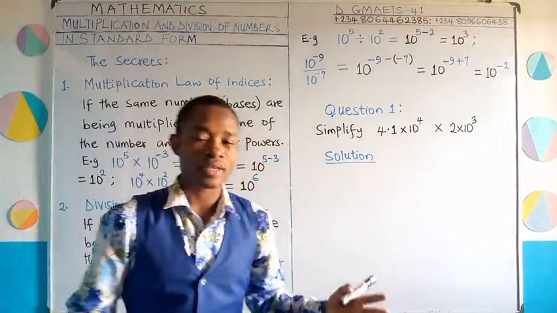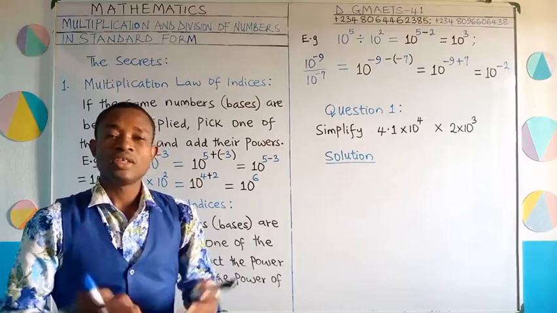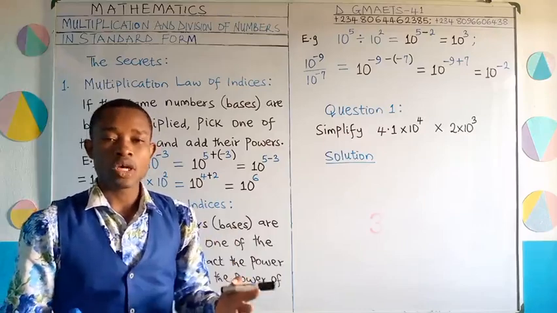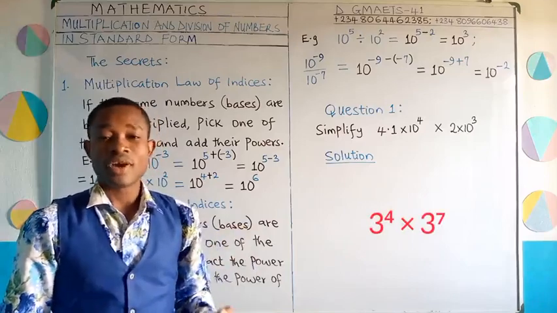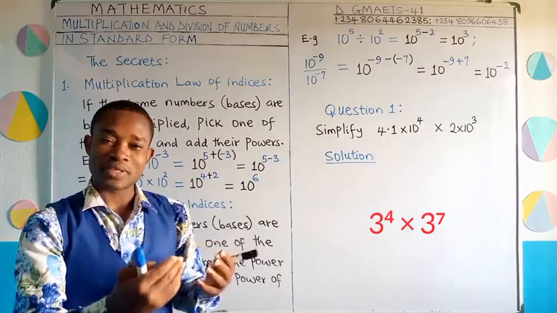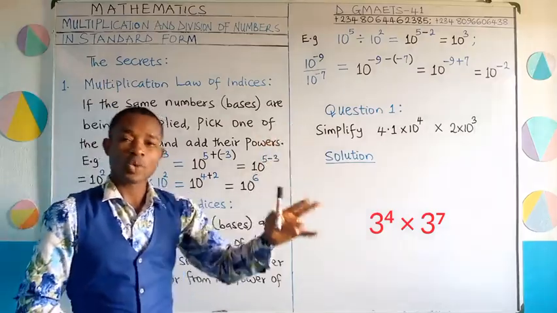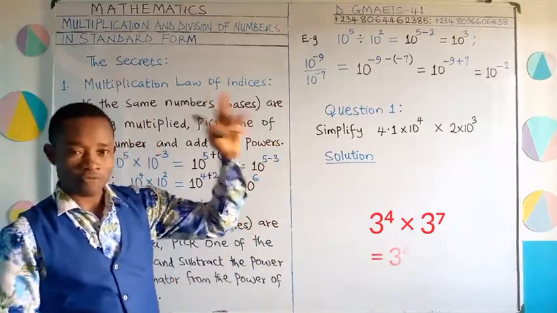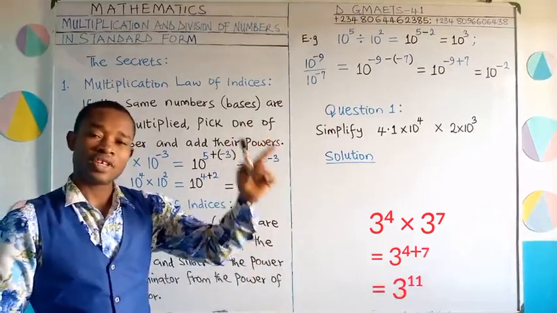I used 10 as examples here, alright? But if I give you something like 3 raised to the power 4 times 3 raised to the power, let's say 7, you are multiplying the same bases, 3 to the power 4 times 3 to the power 7. So you pick one of the 3s, then raise to the power 4 plus 7, which will give you 3 raised to the power of 11.